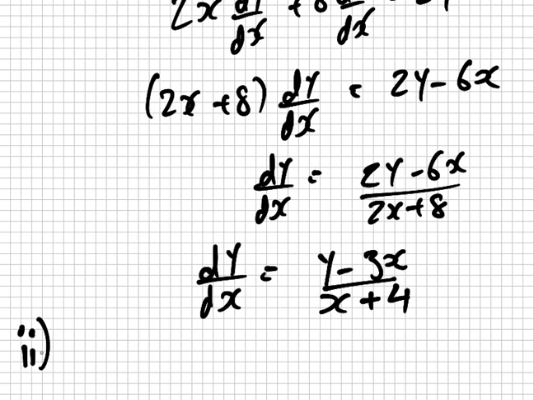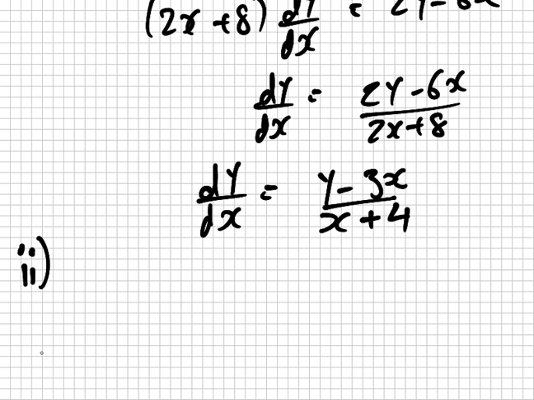Next, show that this has a turning point when y equals 3x. Do you remember what a turning point is? Does anybody remember it? I think it's when you substitute the value into the equation. No, not quite that. dy/dx should be 0 at a turning point.